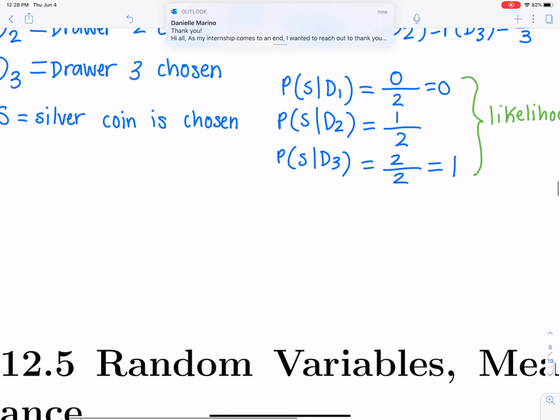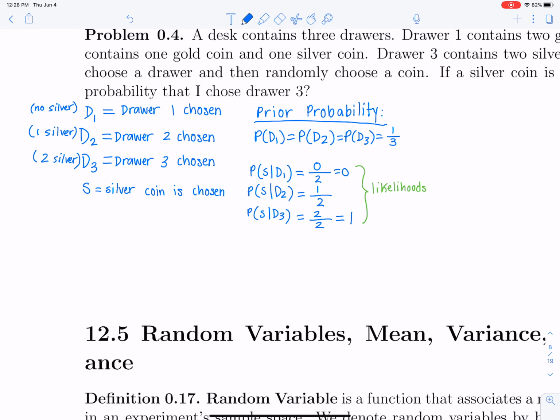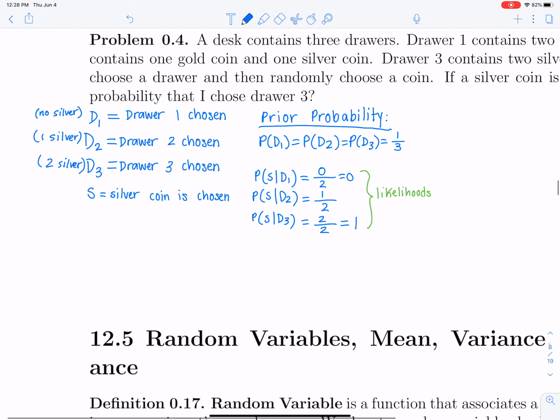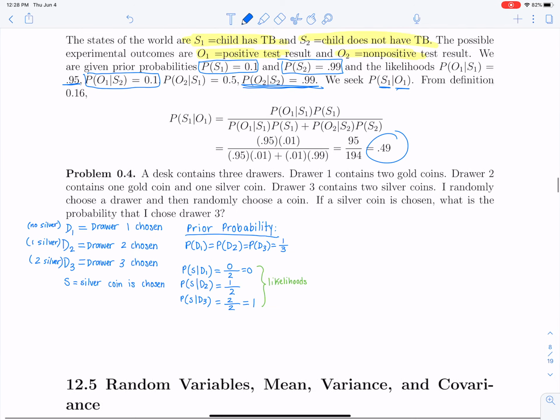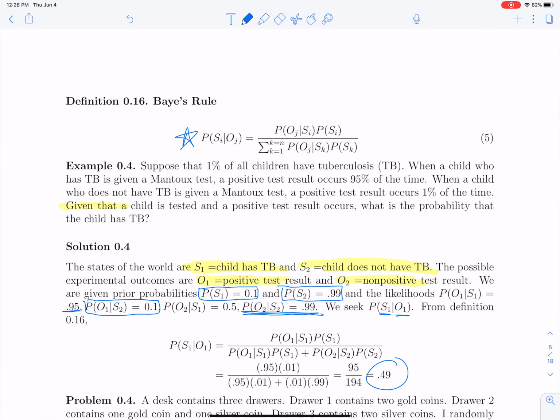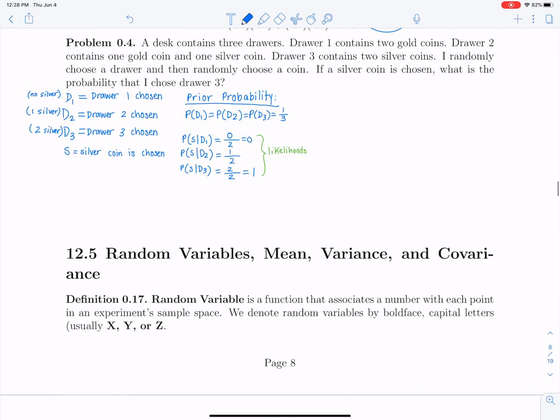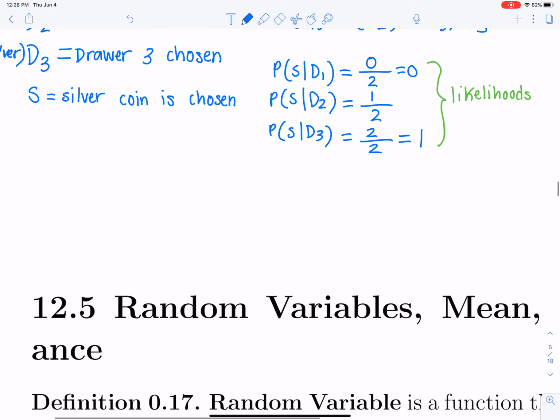So by Bayes' rule, let's write that out. If I look above, Bayes' rule always is P of S of I given O of J. In our case, our state of the world would be the drawers.